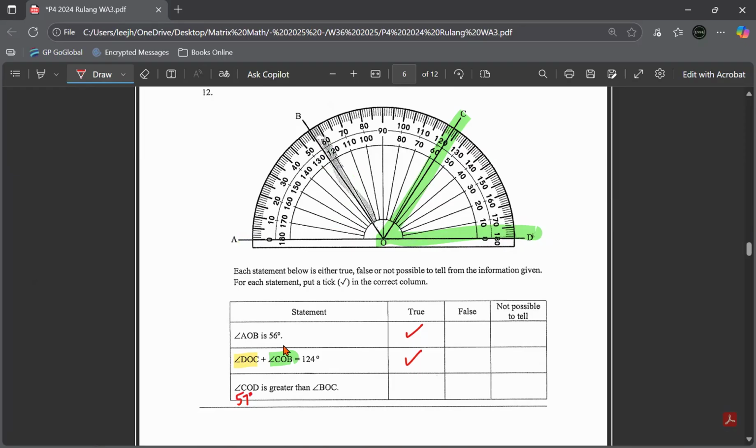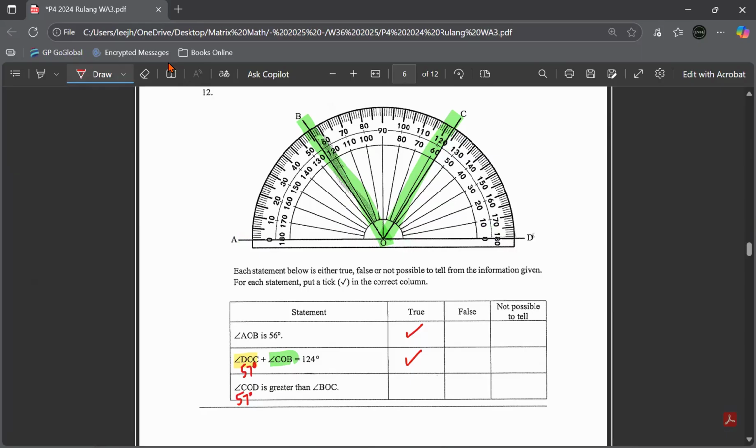What about BOC? BOC is here. BOC is actually part of DOB. This whole thing we know is 124, and COD is the same as DOC, which is 57 degrees.